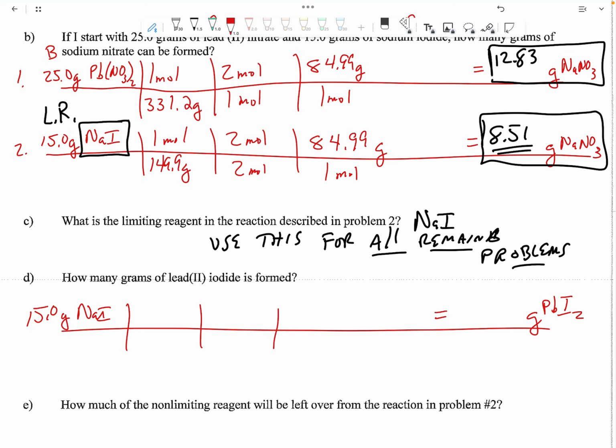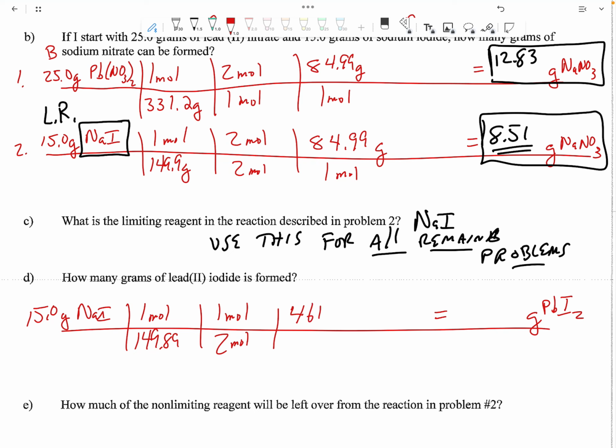And so we have 1 mole of NaI over its molar mass, 149.89 grams. And the molar ratio, 1 mole of PbI2 over 2 moles of NaI. Last thing to do is the mass of the PbI2.